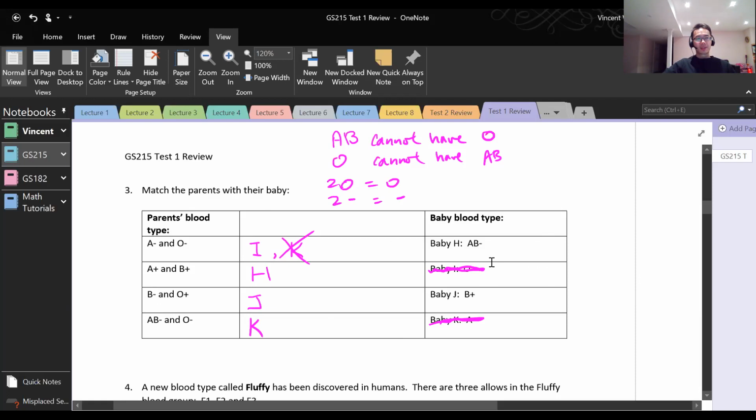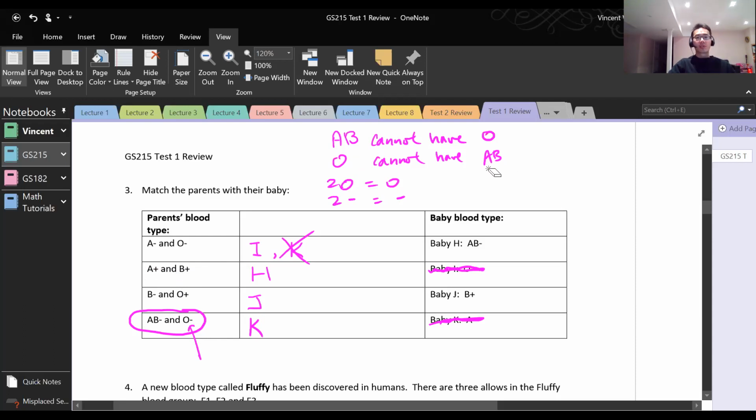Why not AB negative? Which one? For this one? Oh, this one. Why not AB negative? Because one of the parents is O. If the parent is O, they cannot have an AB baby.